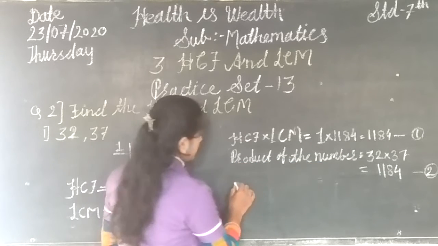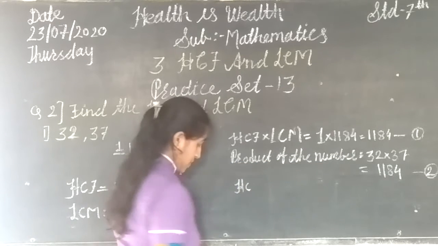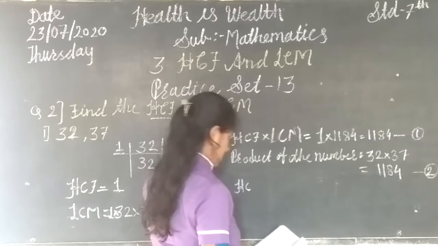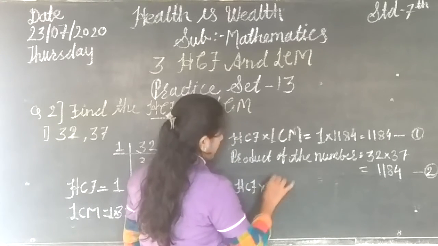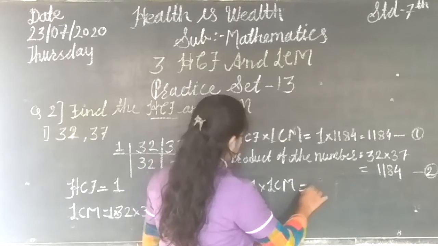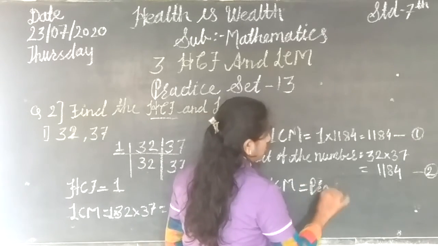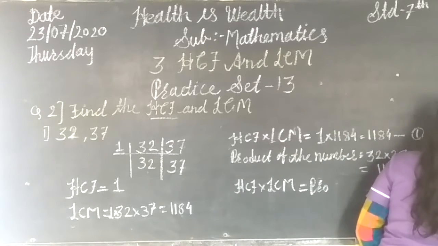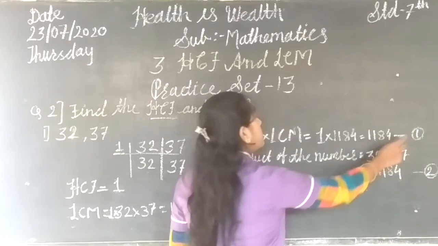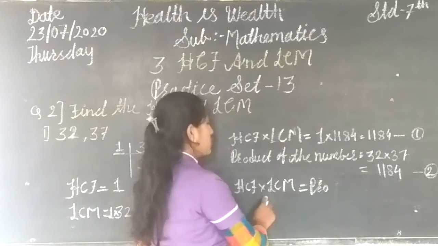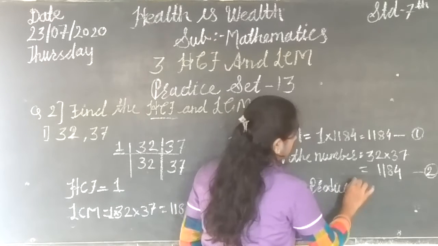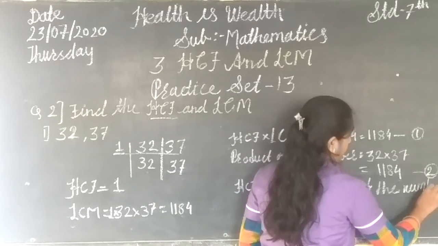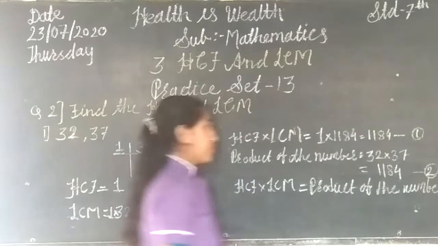So from equations 1 and 2 we write: HCF into LCM is equal to the product of the numbers.